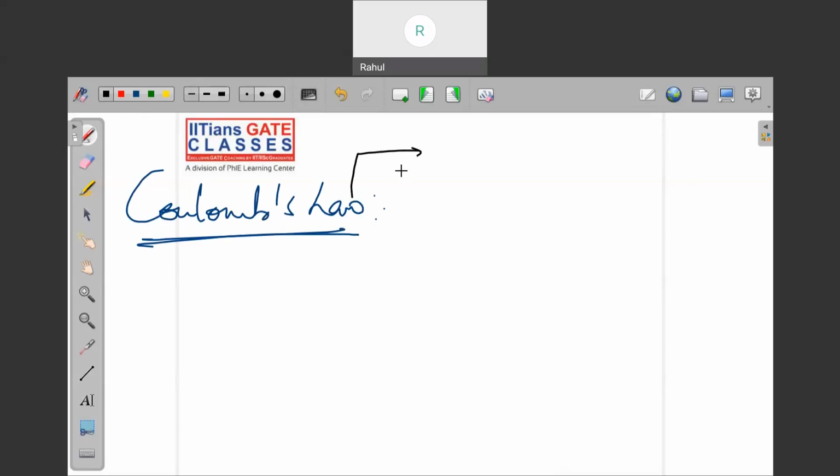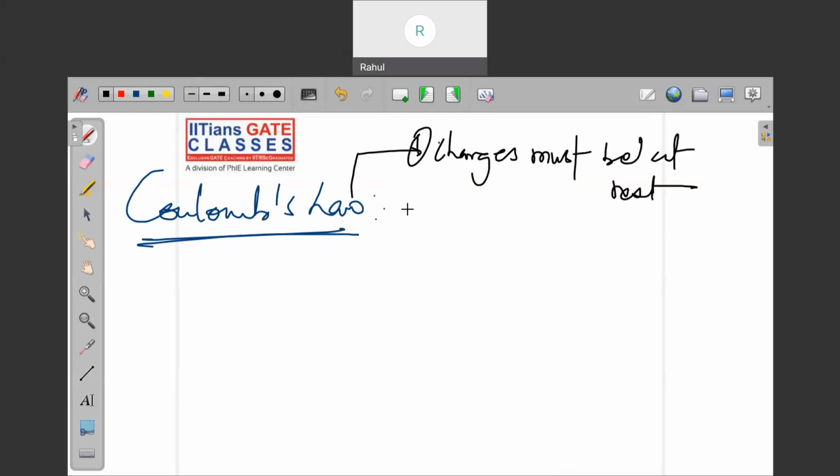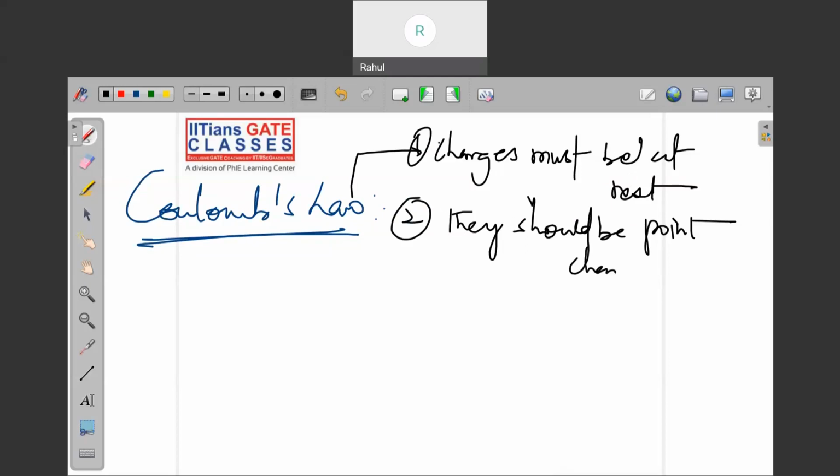Where Coulomb's law is applied, remember always, the charges must be at rest first, and they must be point charges. If they are point charges, then we can apply Coulomb's law. And charges must be at rest. If charges are moving, then Coulomb's law will not hold.